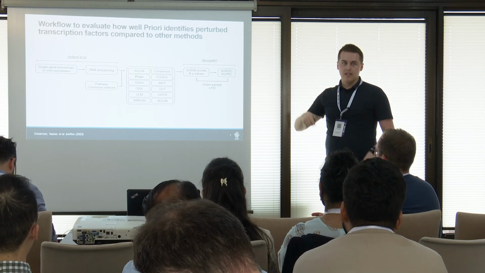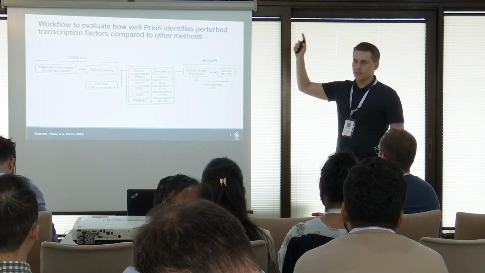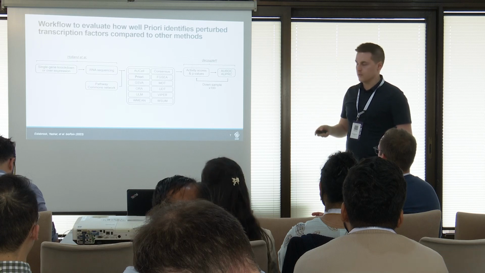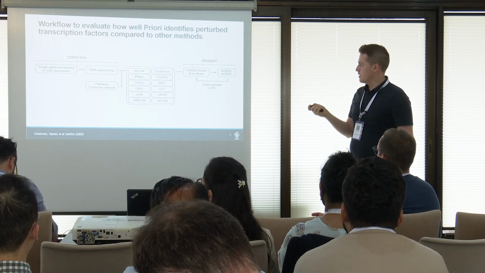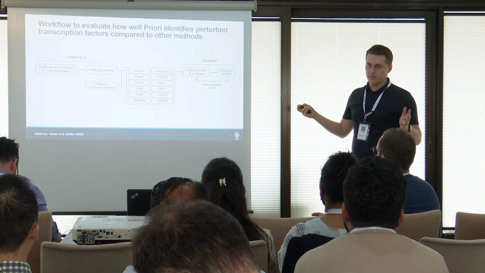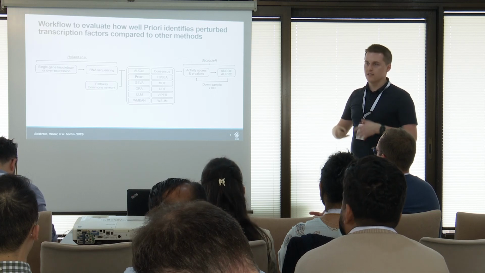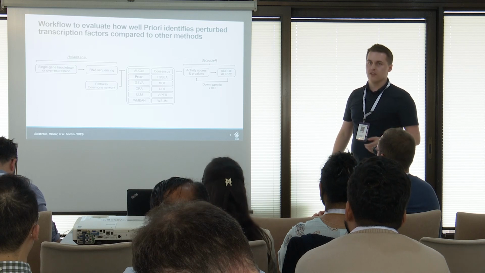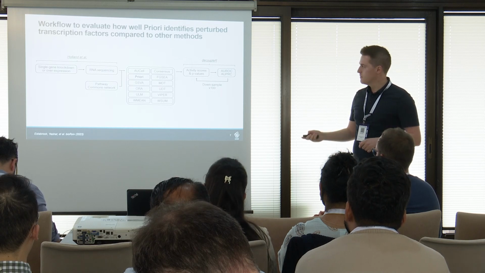Ideally, you would see the perturbed transcription factor being among the top relative to the other ones. And we can give a summary of the sensitivity and specificity with which this method identifies the perturbed transcription factor using the area under the precision recall curve or the receiver operating curve.